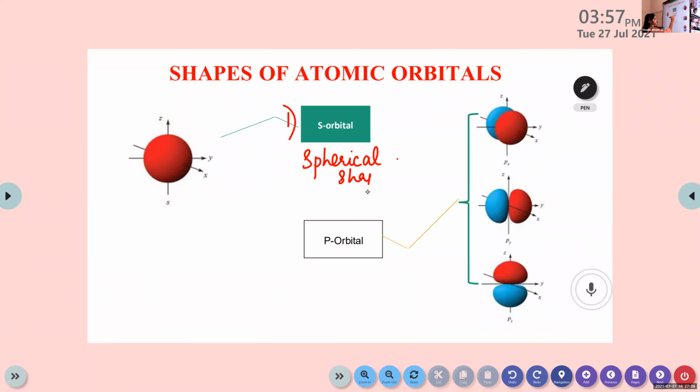And we know that only one orbital is there, so only one figure, in spherical shape. And the second one is p orbital.